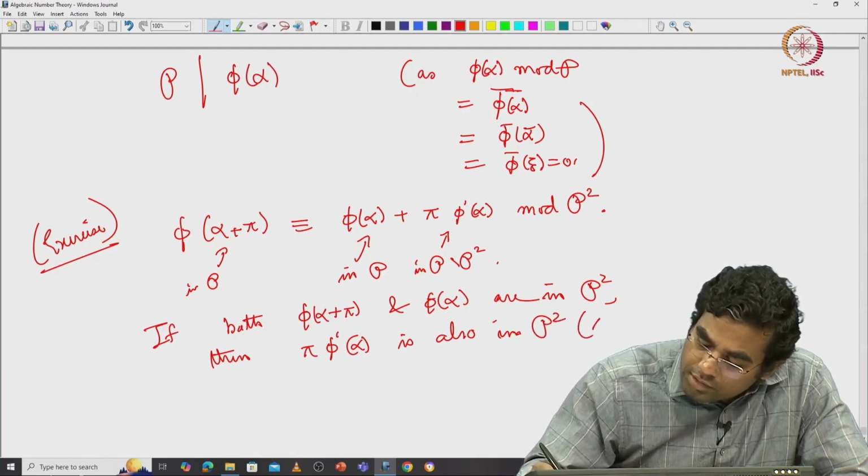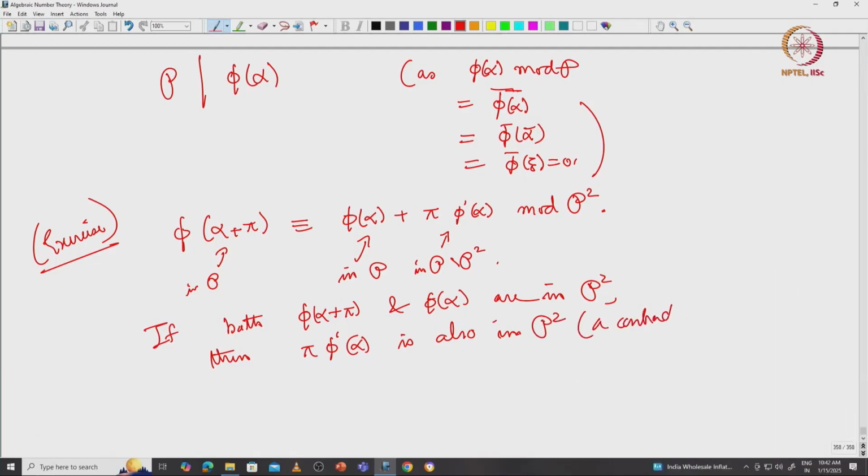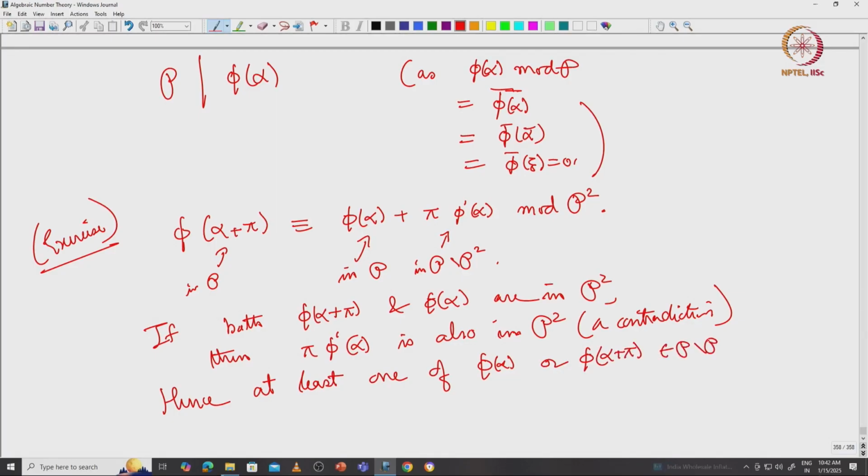This is a contradiction. Hence, at least one of phi of alpha or phi of alpha plus pi is in P minus P squared. That is what we wanted.